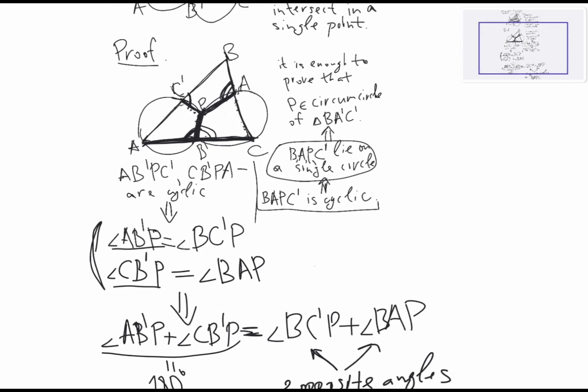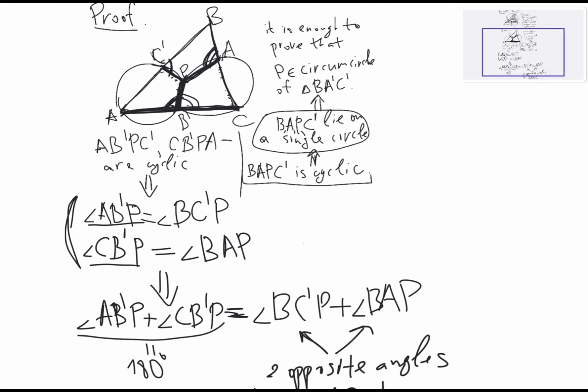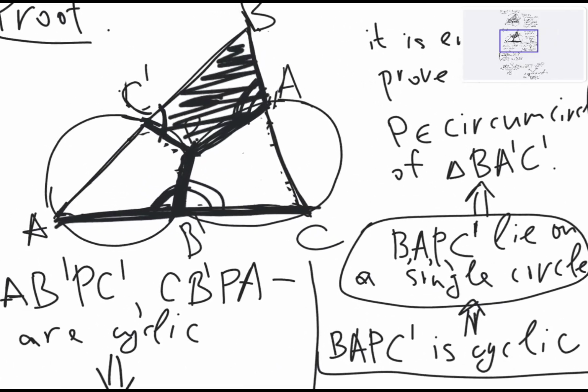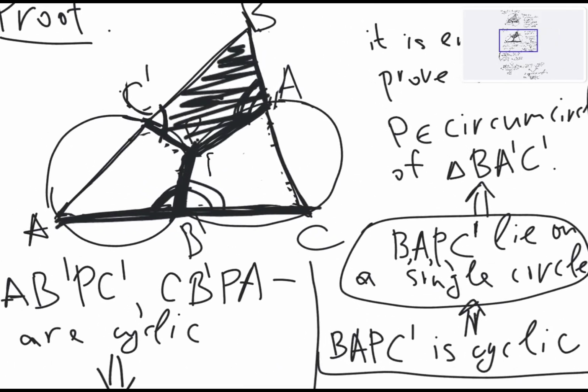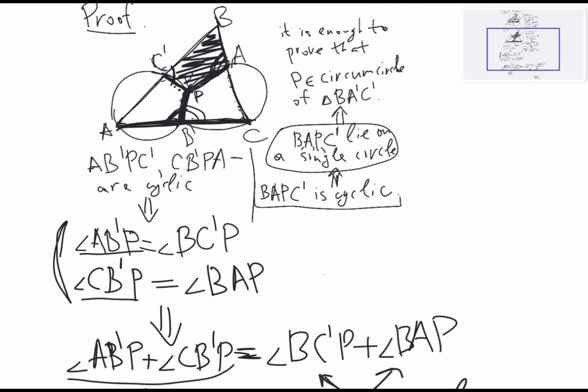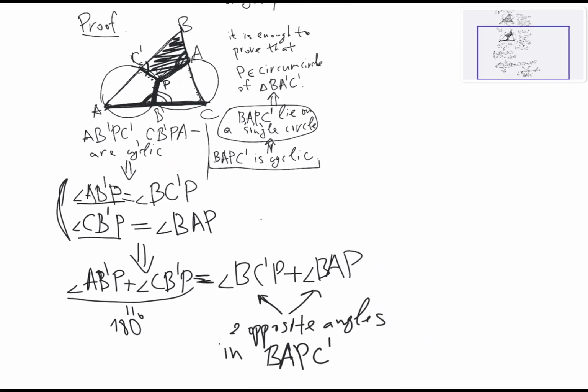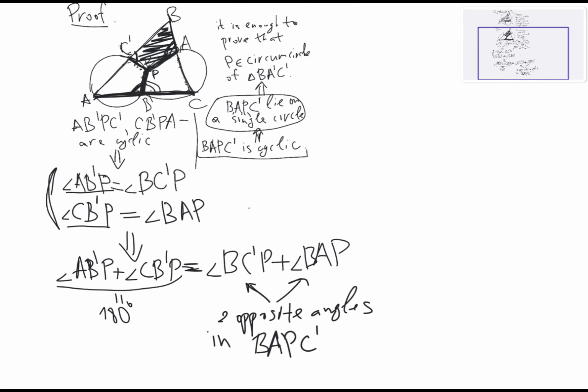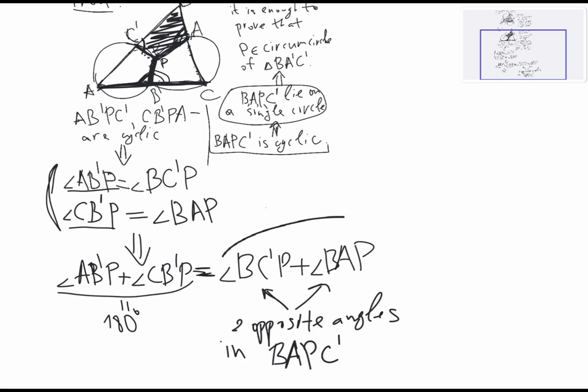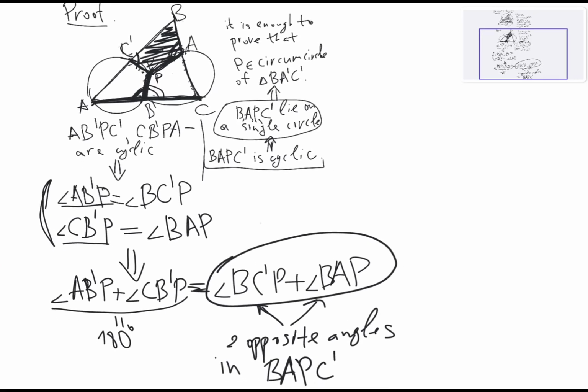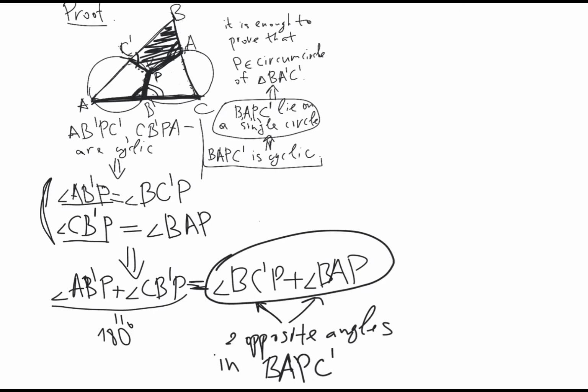So on this picture it's this quadrilateral, right? So P is here. Yeah, so the quadrilateral that I highlighted, this sum of two angles is the sum of two opposite angles in this highlighted quadrilateral. And we just proved that it is 180 degrees.